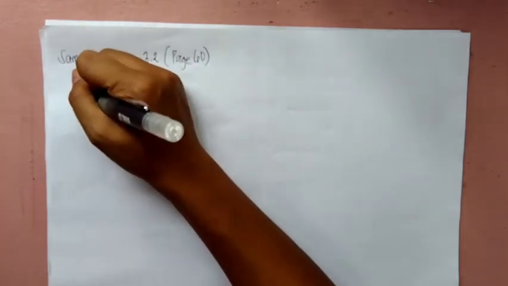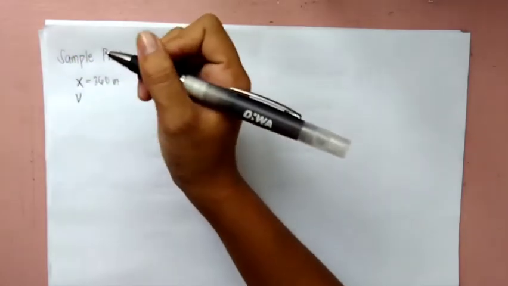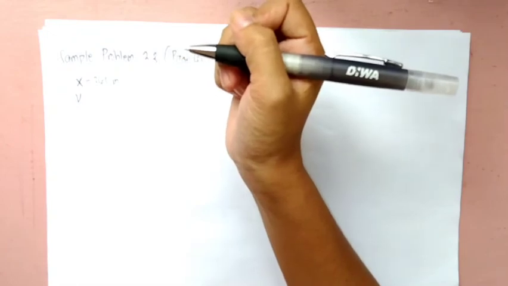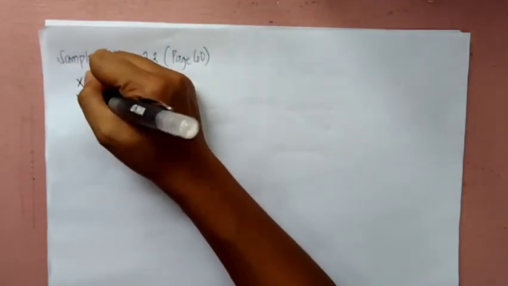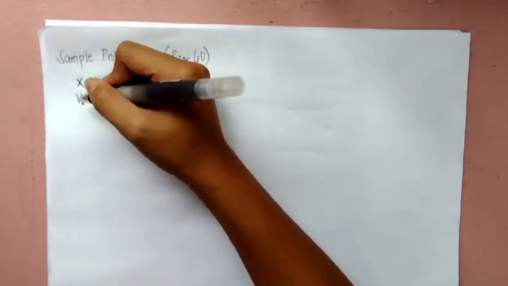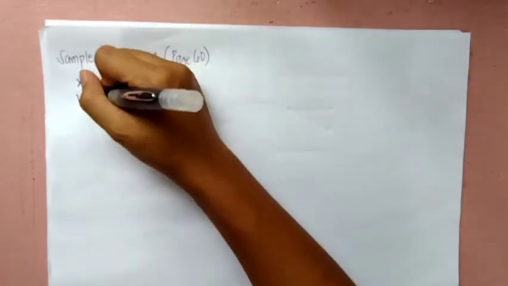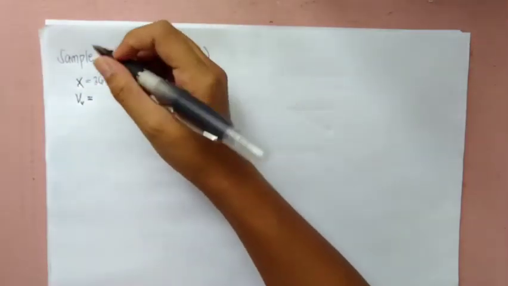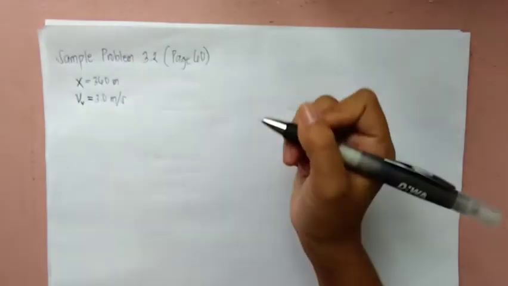So we are going to use V as the variable for speed. Speed V sub V, since it is Vanya's speed. The subscript v here stands for Vanya. So that is equal to 3.0 meters per second.